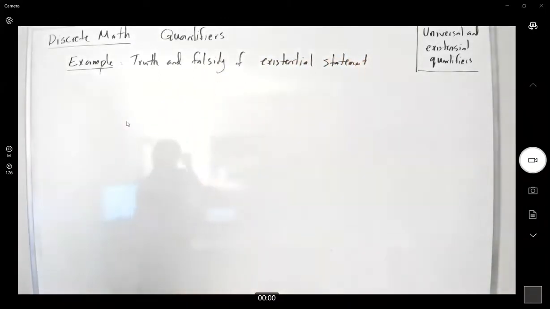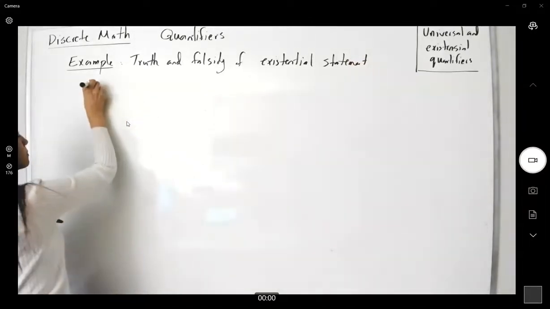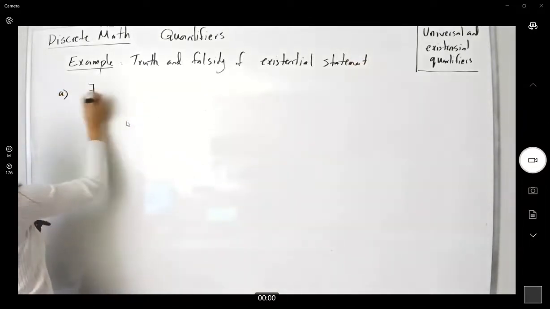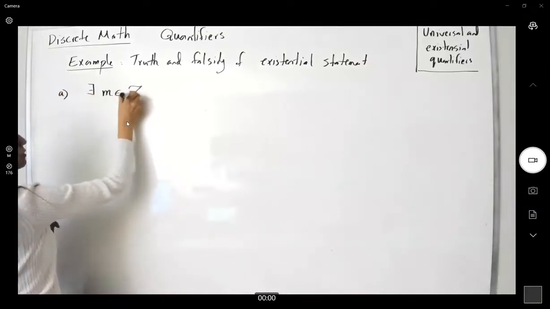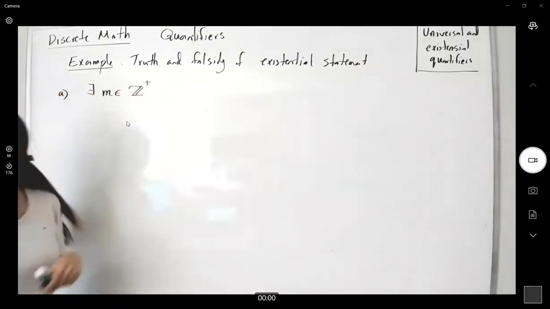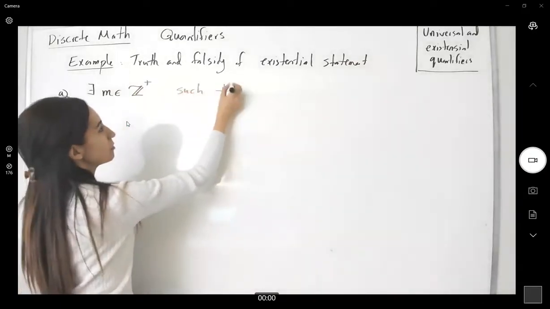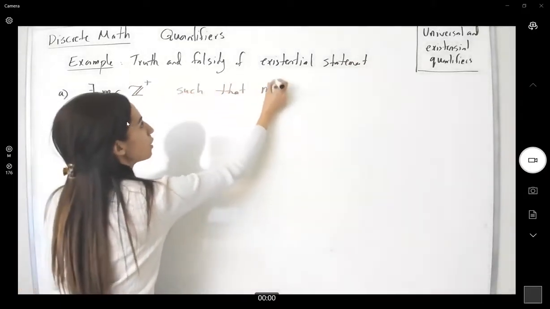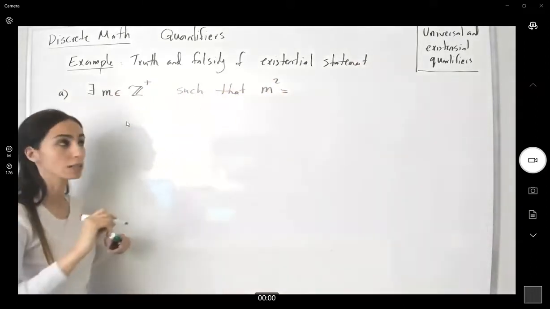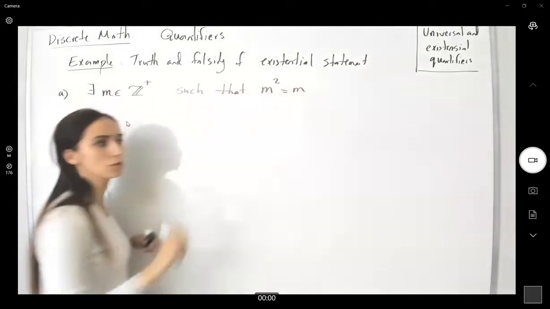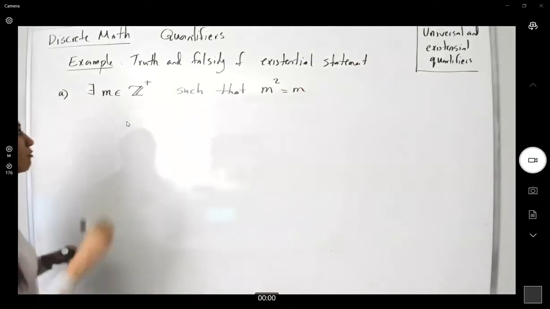So I'm giving you two examples. A: there exists a positive integer m such that m squared, the square of that positive integer, is equal to that integer itself.